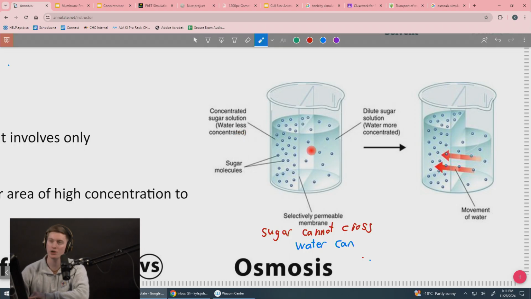And so the water will move from the area of a high water concentration to a low water concentration. This is osmosis taking place. So you would see that the volume in this side of the beaker increases as water moves to try and equalize these concentrations.